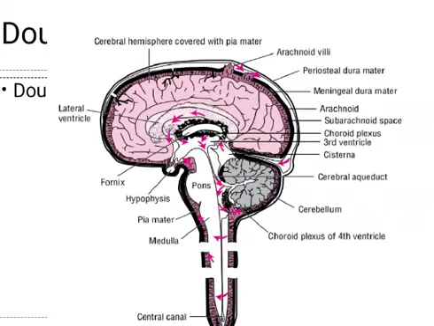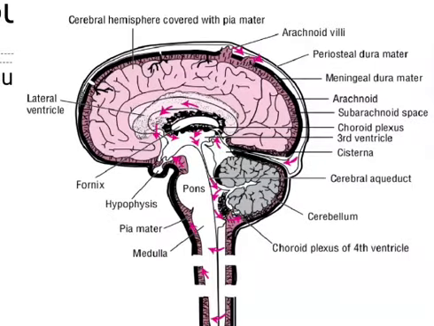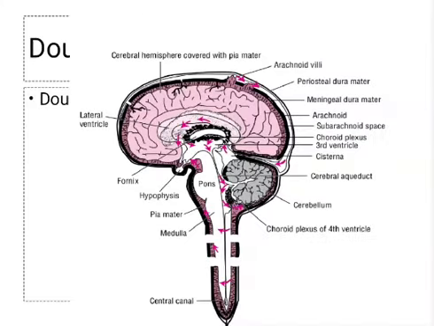Now in this figure you can see a clear picture of the brain. Here you can see arachnoid mater, pia mater, and the dura mater, cerebrum, cerebellum, pons, medulla. Okay. Also you can see the ventricular system. The ventricular system is nothing but the ventricles which are filled with CSF. These are the lumens which help the communication between the cavities, right?